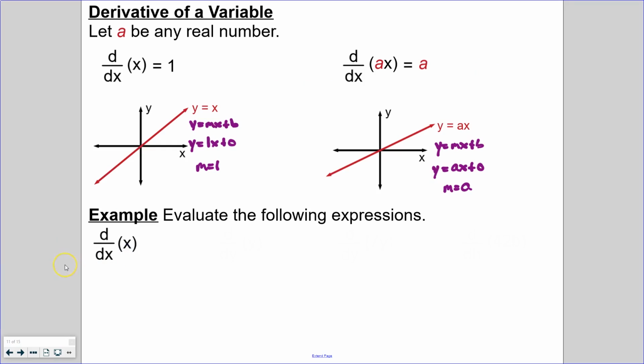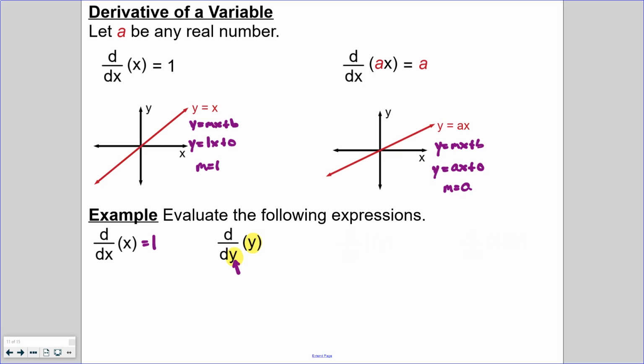First up, we're going to take the derivative of x, and we already know the derivative of x is 1. Next up, we're going to take a look at the derivative of y, but here's something that has changed. Notice how we're taking the derivative of y with respect to the variable y. So in this case, y is the input, and we know that because y is in the variable spot of our derivative.